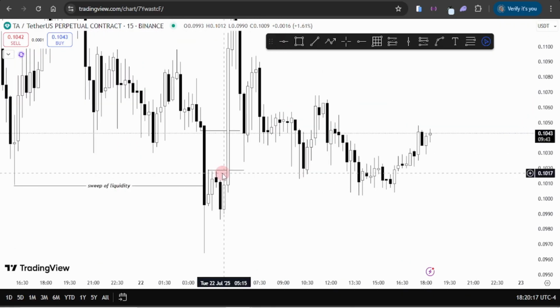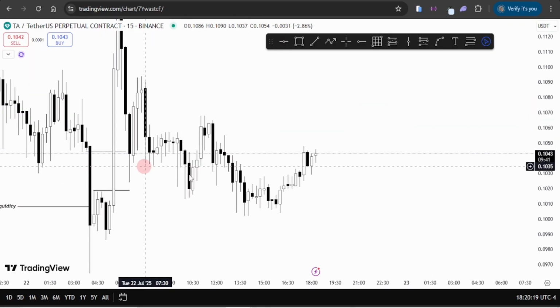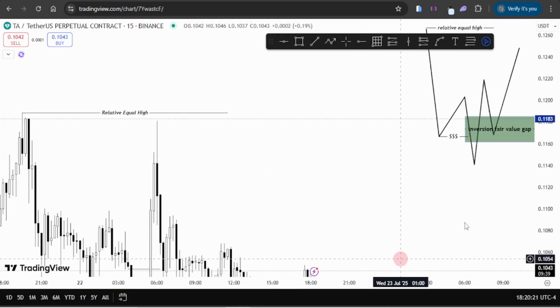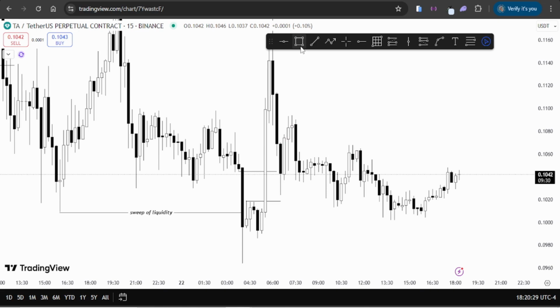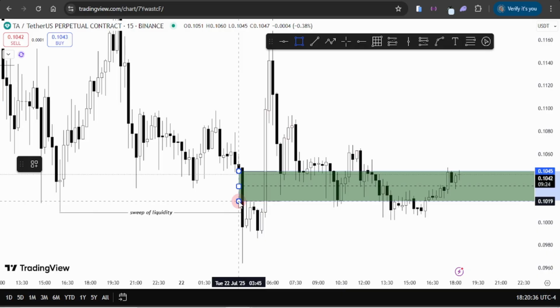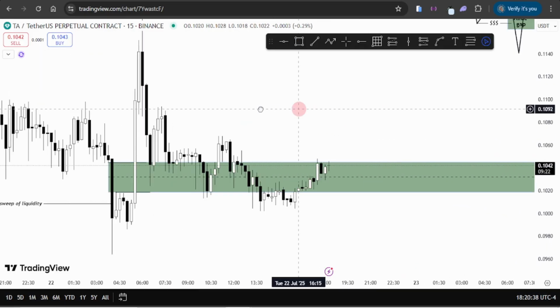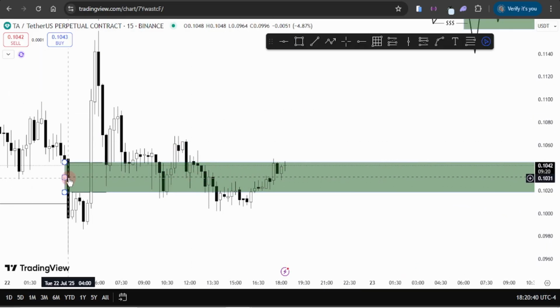Having marked out this point in price, I needed to make it clear, so I will just use my rectangle to place it on this one to this side, and we have a nice little dotted line in the middle of the fair value gap, which is the sweet spot.